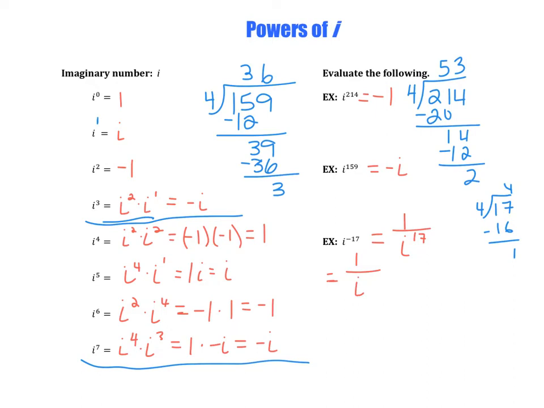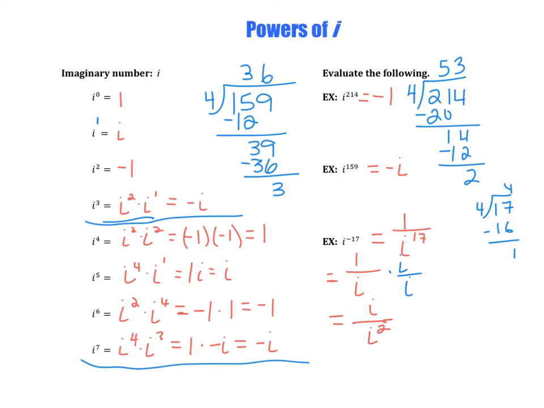Now, we do not want an imaginary number in the denominator, so we're going to rationalize the denominator. We multiply by i over i and keep simplifying. I'm going to work vertically here because I'm running out of space. 1 times i in the numerator is i. In my denominator, I have i times i, which is i squared.